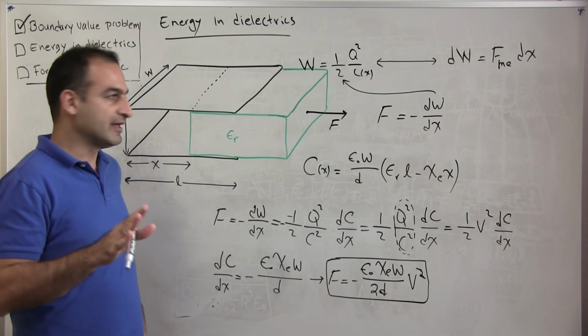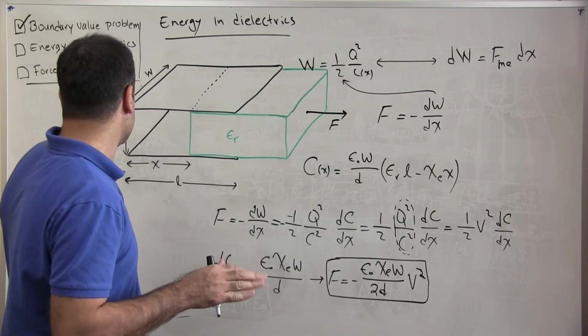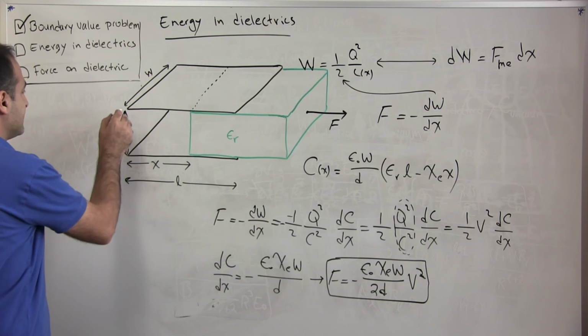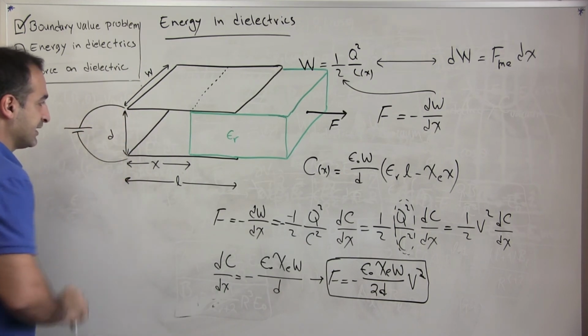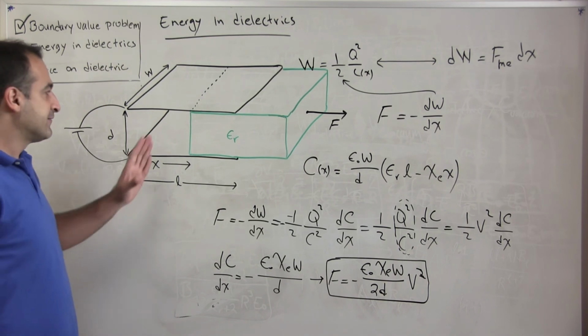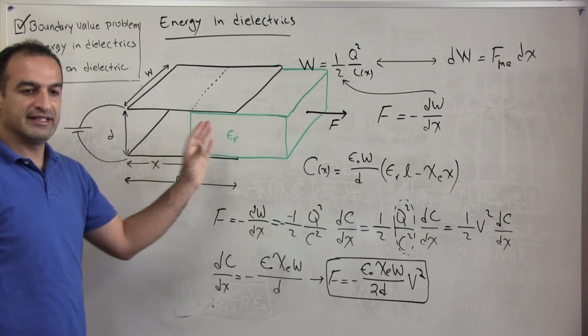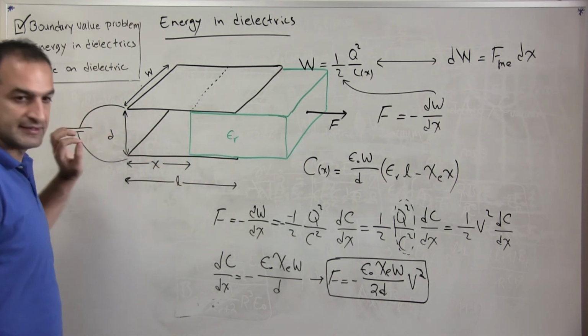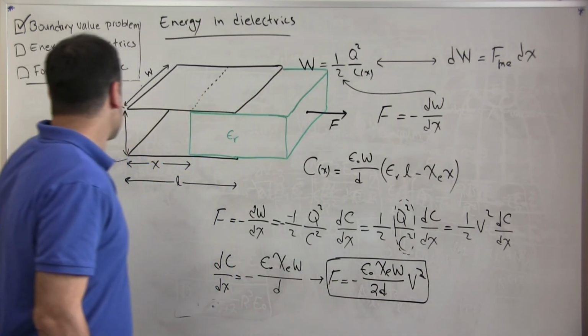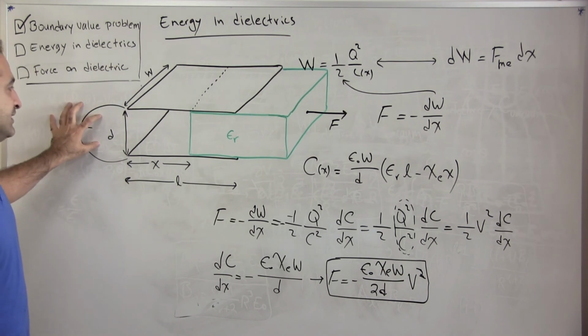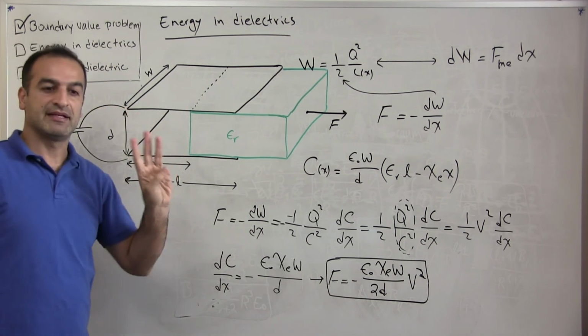And another way you can look at this is if you keep it connected to the battery. In a way, the force at any moment you feel is not going to be different. So what happens in this case is that now the system has 3 components.